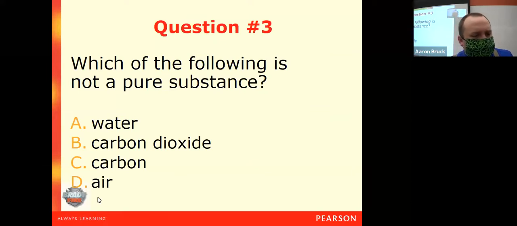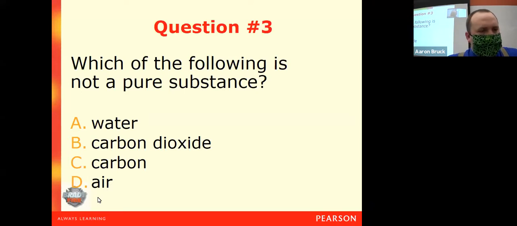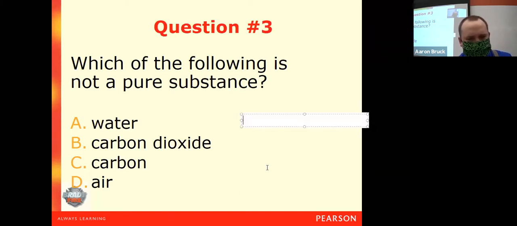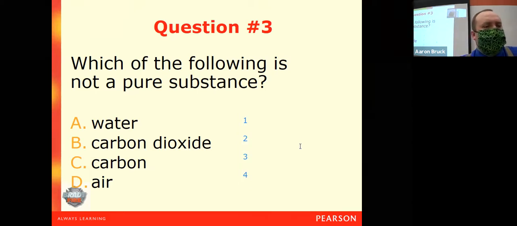All right, so based on our understanding of matter, a couple of questions here. I want you to think about this, and instead of A, B, C, D, we're going to give this the old 1, 2, 3, 4. So think about this question.